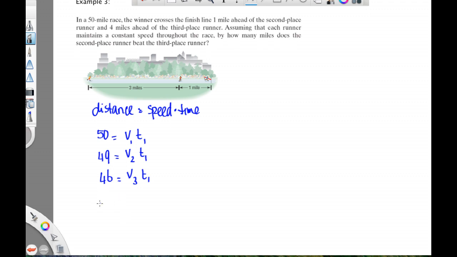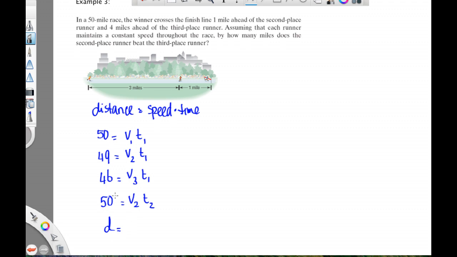And we also know that the second place runner does finish the 50, so that speed goes with a second time, t2. And finally, the thing that we're interested in is the distance between the second place and the third place runner.